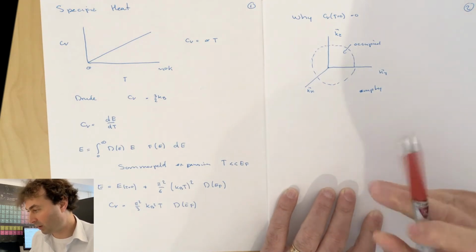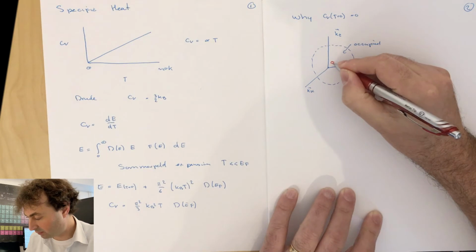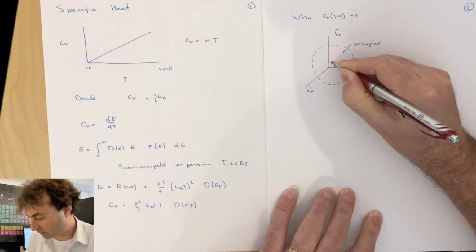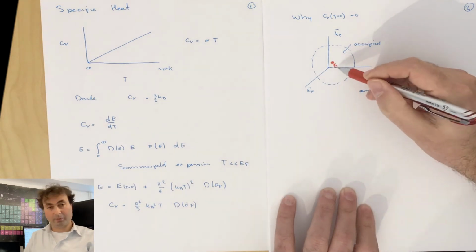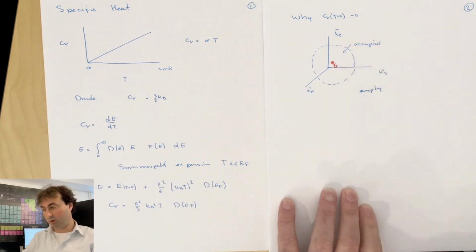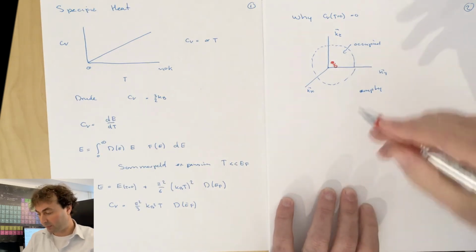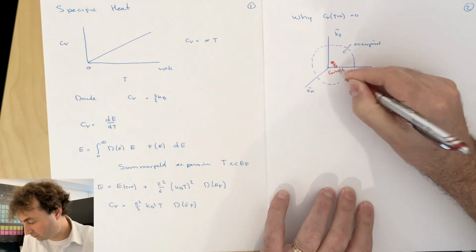We can now look at two different scattering processes. An electron here might scatter to an electron there. That process is forbidden, because when this electron wants to move there, it's going to a state that is already occupied, so this is forbidden.